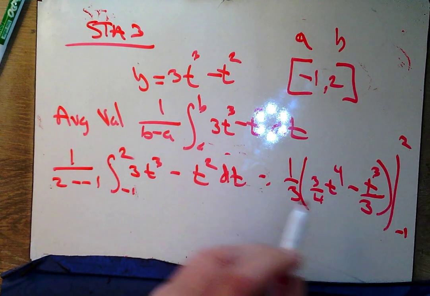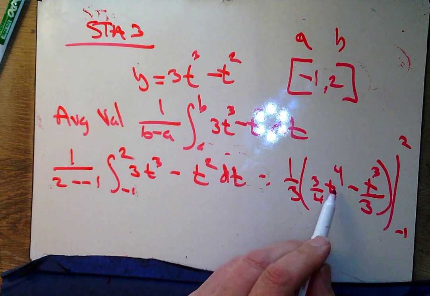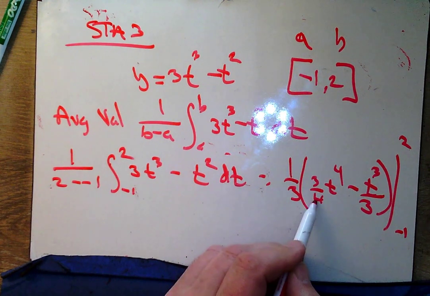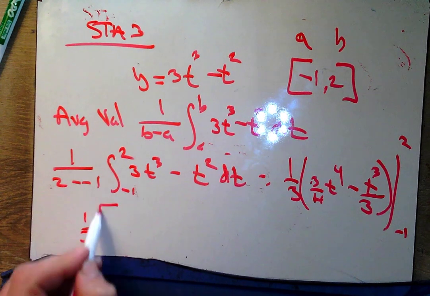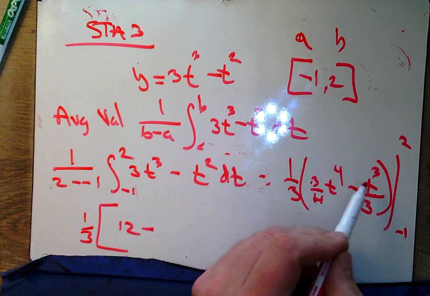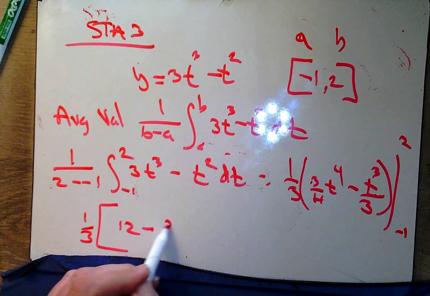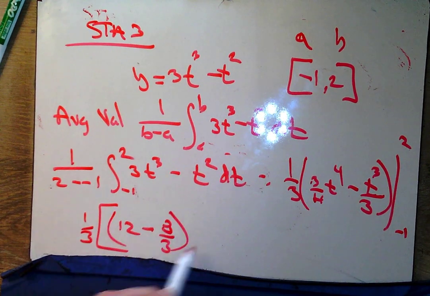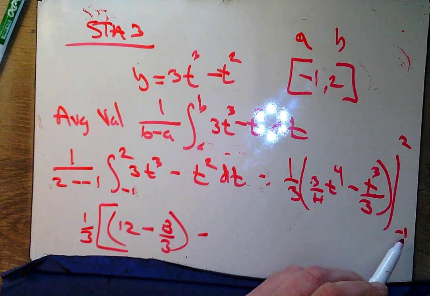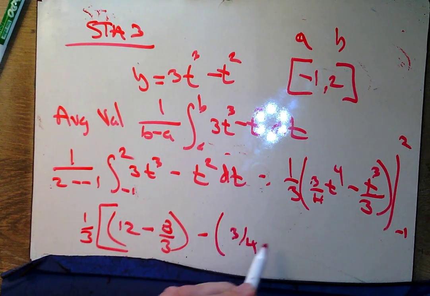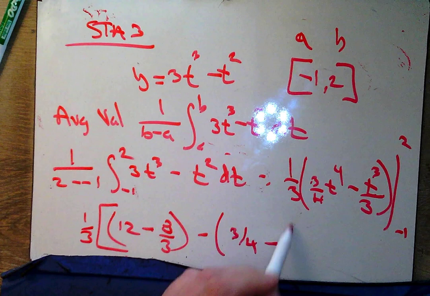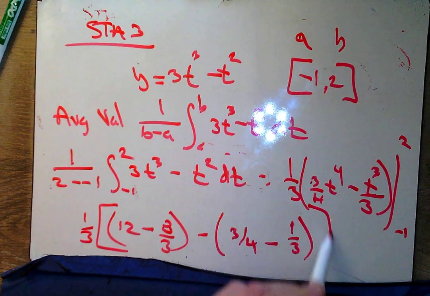Okay, so if I plug a 2 in here, 2 to the fourth is 16, divided by 4 is 4, 4 times 3 is 12, minus 2 to the third is 8, so I get 8/3. And then I'm going to plug in the -1, so this is going to be 3/4 minus 1/3.